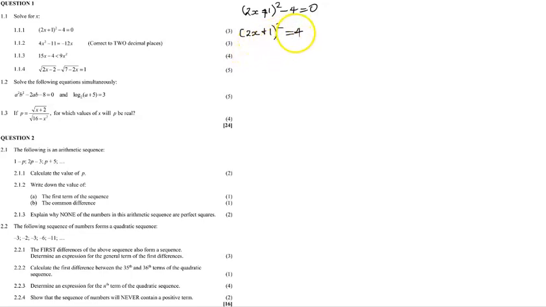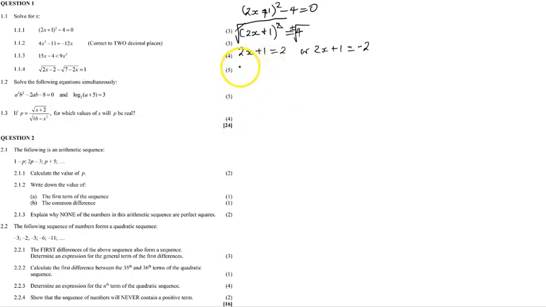Then from there you introduce the plus minus square root, so you'll be having 2x + 1 equals 2, or 2x + 1 equals negative 2. You just introduce a square root on both sides to get rid of this square, and this one was plus or minus, hence the plus 2 and the minus 2.